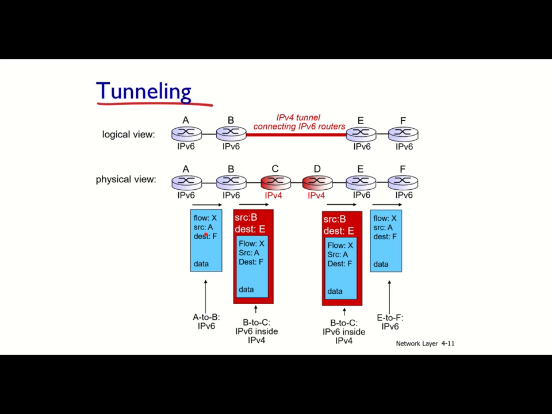Each address is 128 bits long, and then when we are sending this datagram to router C, you have to wrap it into an IPv4 datagram, which means that the red one is an IPv4 datagram which contains the source and destination IPv4 addresses, where each source and destination has only 32 bits, but the whole IPv6 datagram that came from B becomes the data of the whole IPv4 datagram that you see in red.